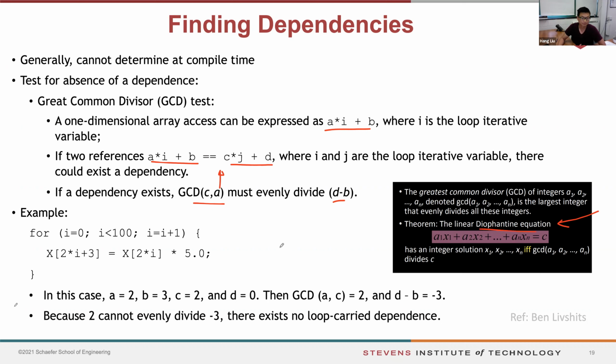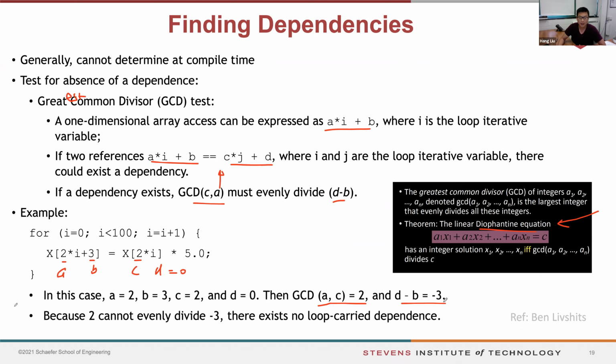Okay, so see here, this is b, this is a, this is c, d equals 0. You can see that d minus b equals minus 3, and the greatest common divisor is 2.